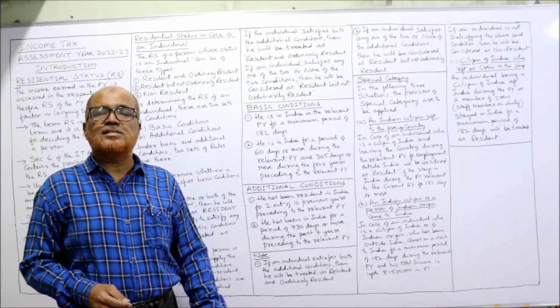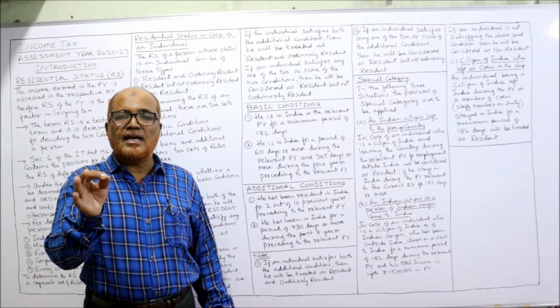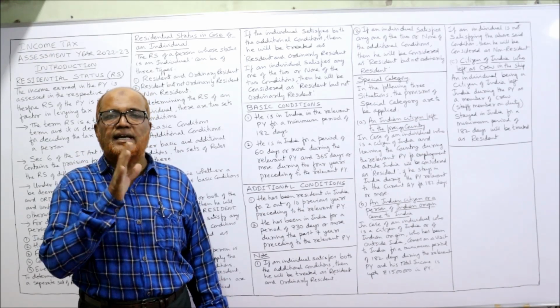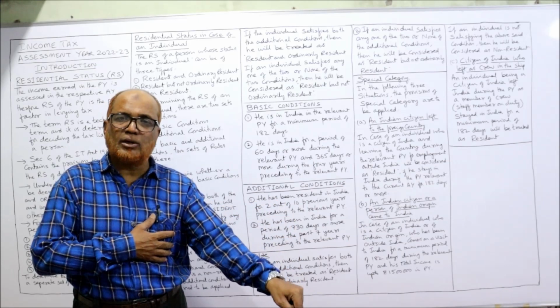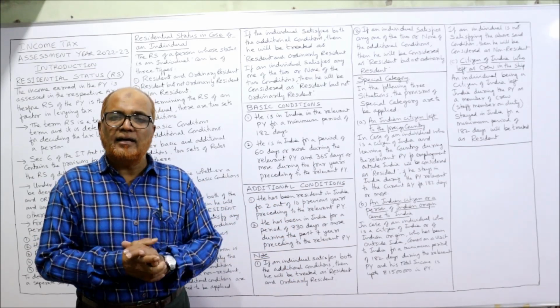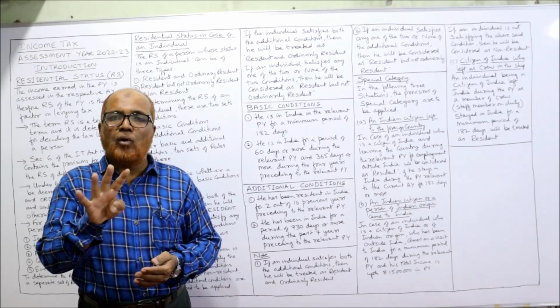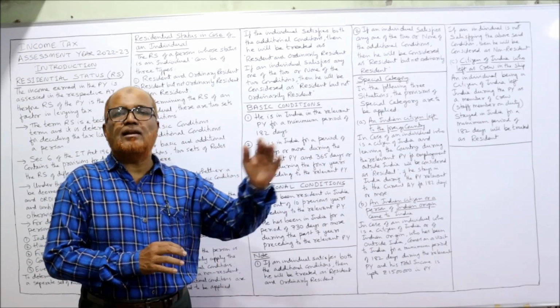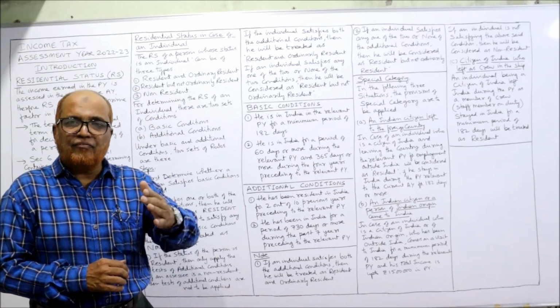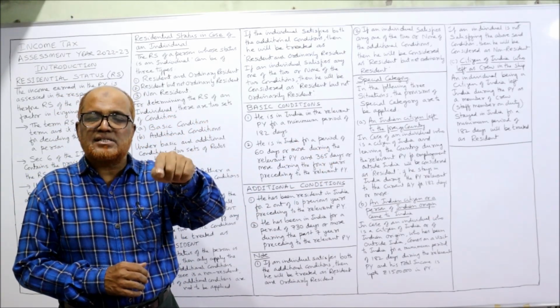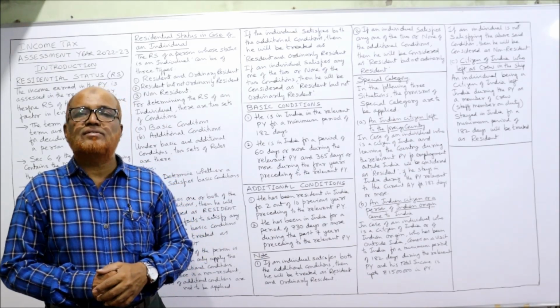The second condition says he must stay in India for a minimum period of 60 days during the relevant previous year and 365 days or more during 4 years preceding the relevant previous year. Before this relevant previous year, in those 4 years, he must stay in India for 365 days.